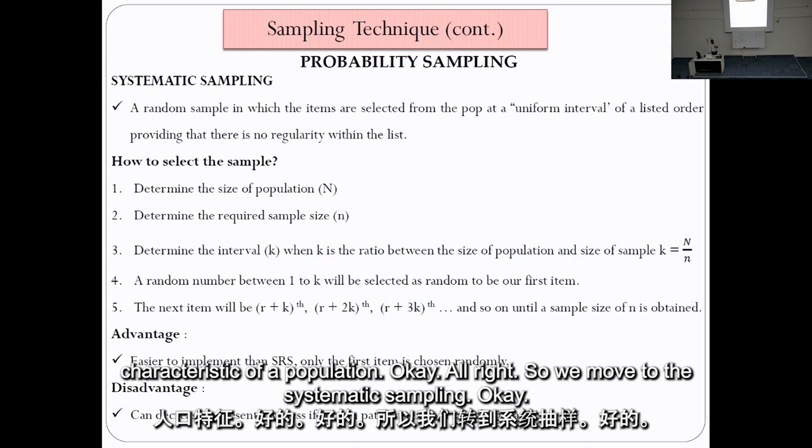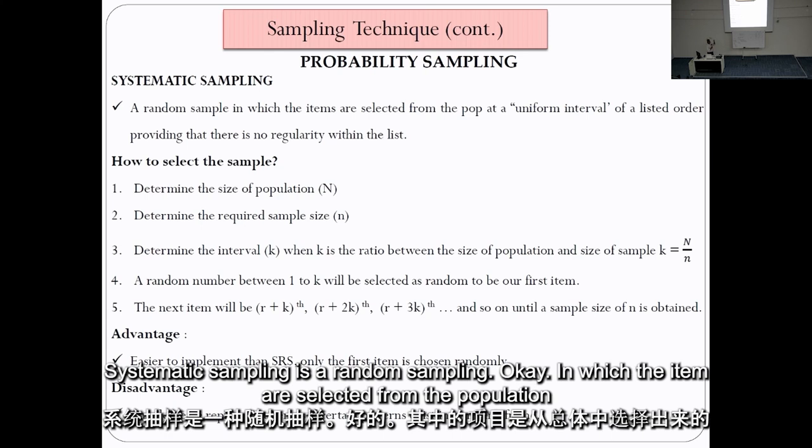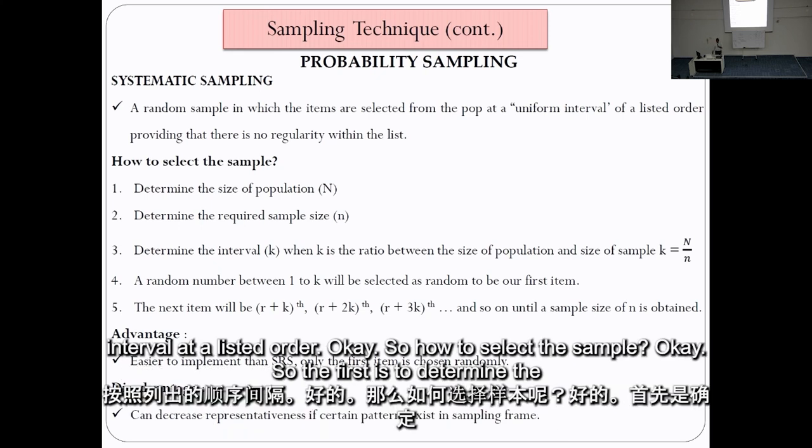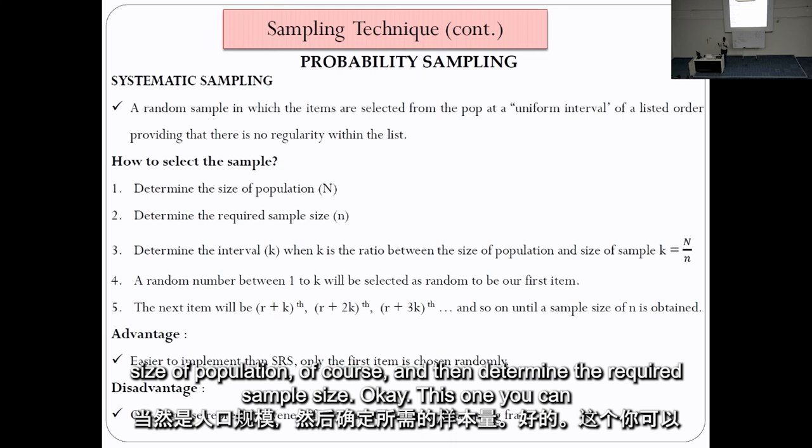So we move to systematic sampling. Systematic sampling is a random sampling in which the items are selected from the population at a uniform interval of a listed order. To select the sample, first determine the size of population, then determine the required sample size.